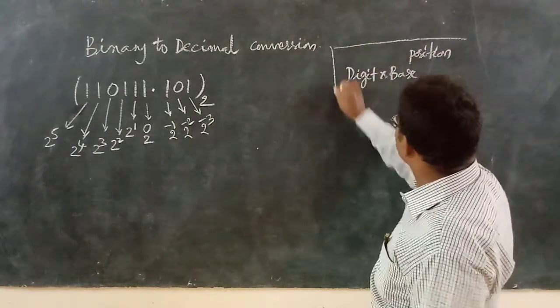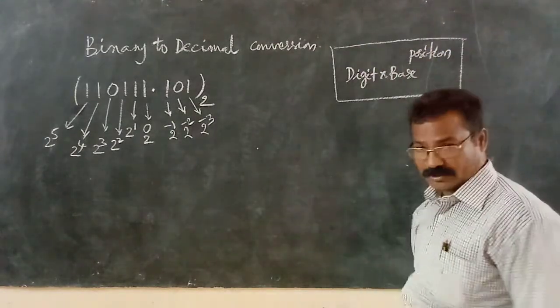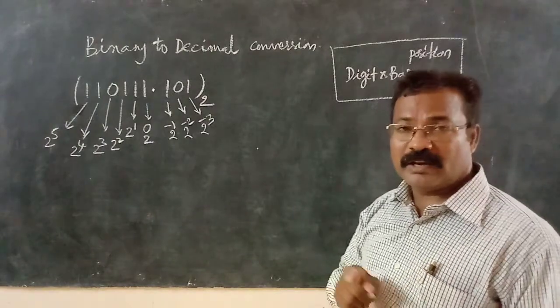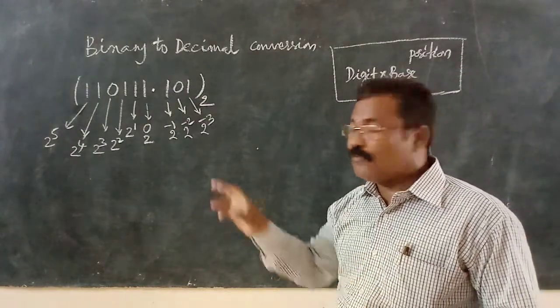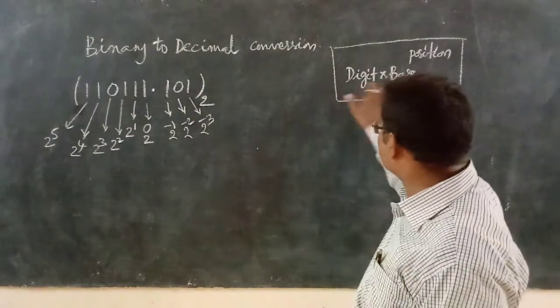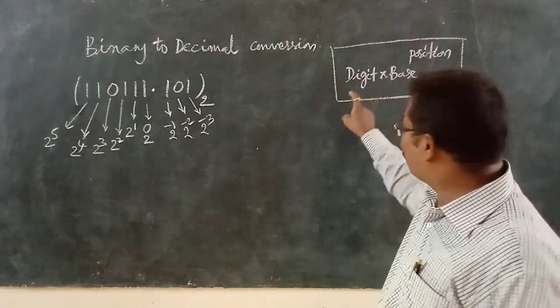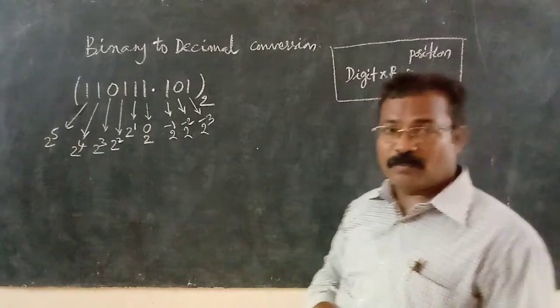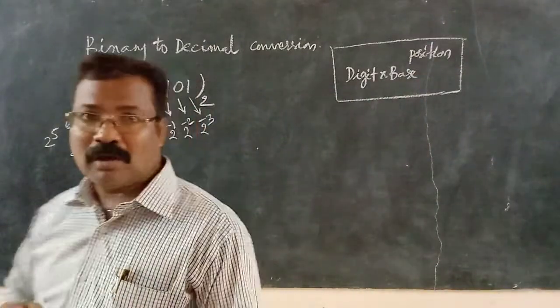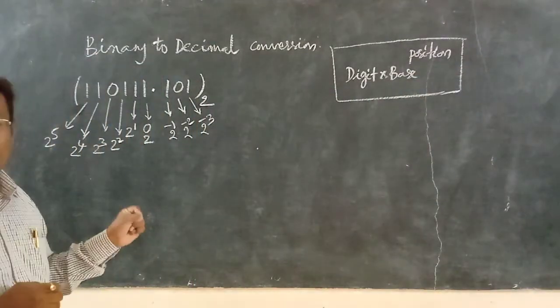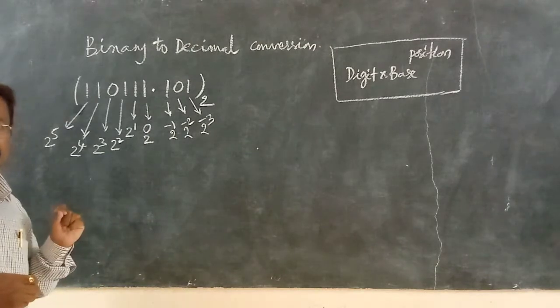The value of each and every bit can be calculated by using this formula, digit into base to the power of position. Now, we are going to calculate the values of each and every bit here.